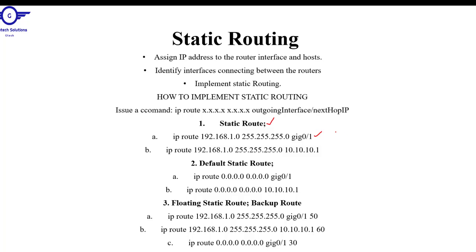Whenever this one fails, then this one should come up. So what differs from here to here should be the same with this one. So what differs is this value, the administrative distance. This one just uses the default administrative distance of 1.